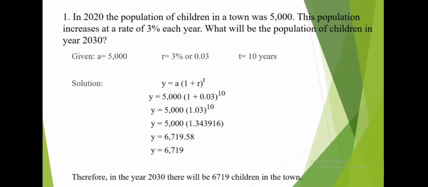There is no point child. So we will use the 6,719. Therefore, in the year 2030, there will be 6,719 children in the town.